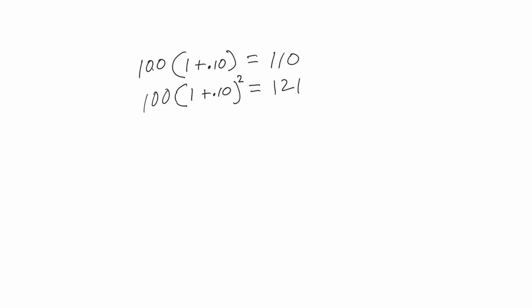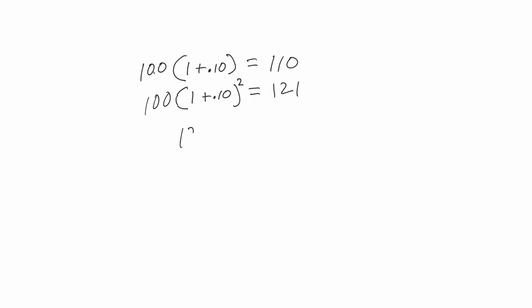Well, let's do that again. Let's take our 121 and let's invest that for a year at 10%. And we will get roughly 133. I'm again rounding a little bit.